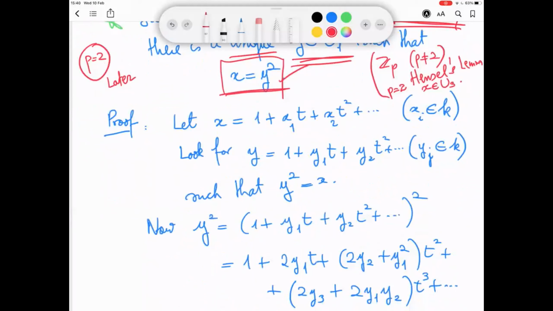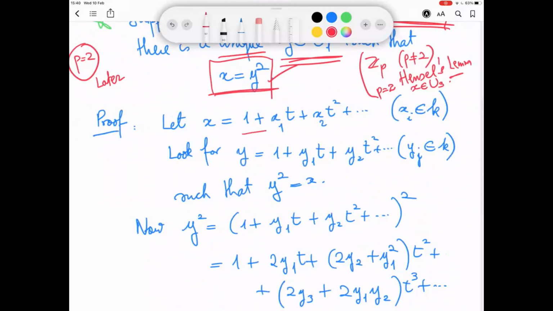So here again, you can either formulate and prove an analog of Hensel's lemma. But it's much simpler to just take your x, write it like this. These x_i's are in the field K. And you look for a y with these y_j's in the field K, such that this equation holds, right? So these x1, x2 are given, and y1, y2 are the things that we are looking for.